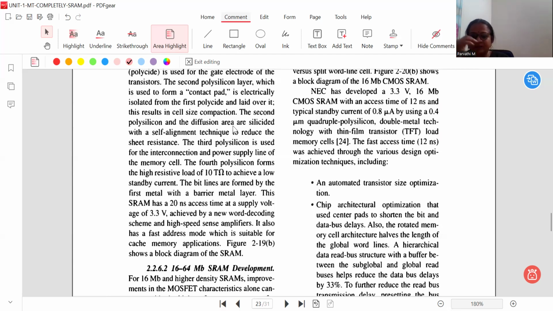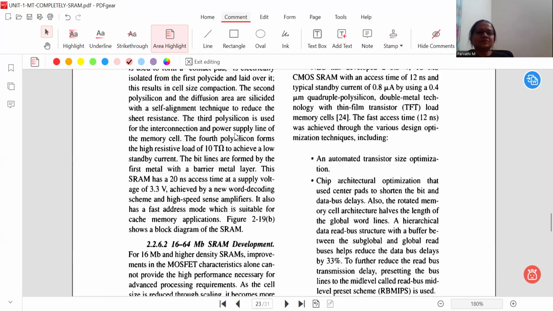That is where we can see that gate will be used as self-alignment. For the process of CMOS technology, we have discussed in earlier sessions. You can go through once again. So the same technique here also will be used for the second poly to first poly. Second poly will be used along with the diffusion area, silicided with the self-alignment technique to reduce the sheet resistance.